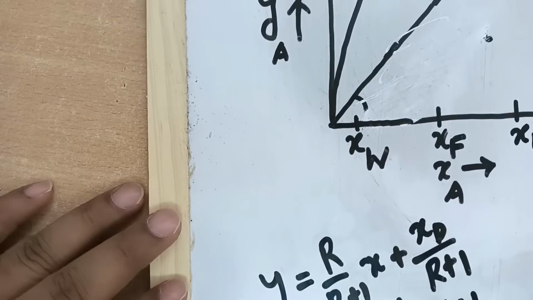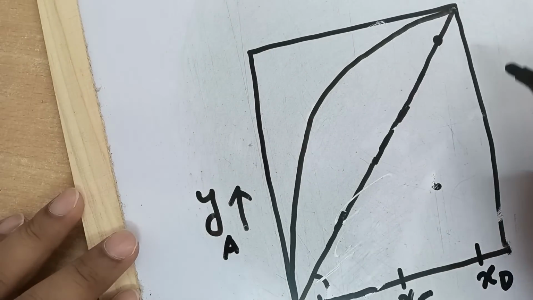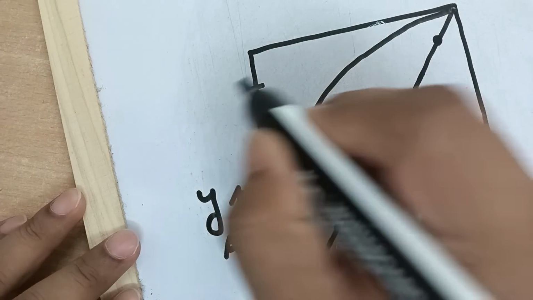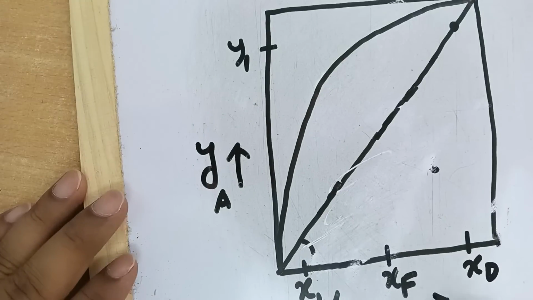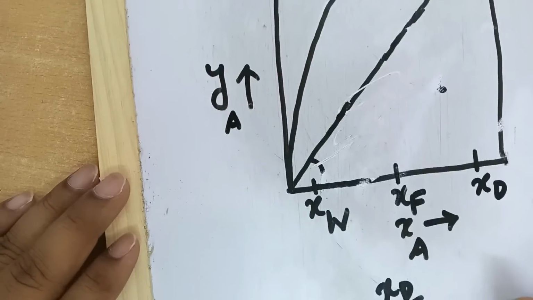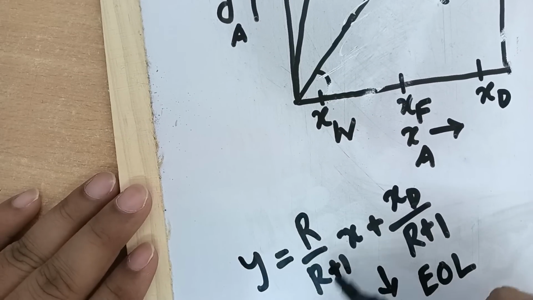Once we locate the point y equal to XD on the y equal to x line, by taking the slope R over R plus 1, if the value of reflux ratio is given, one can easily calculate the slope of the enriching section operating line.